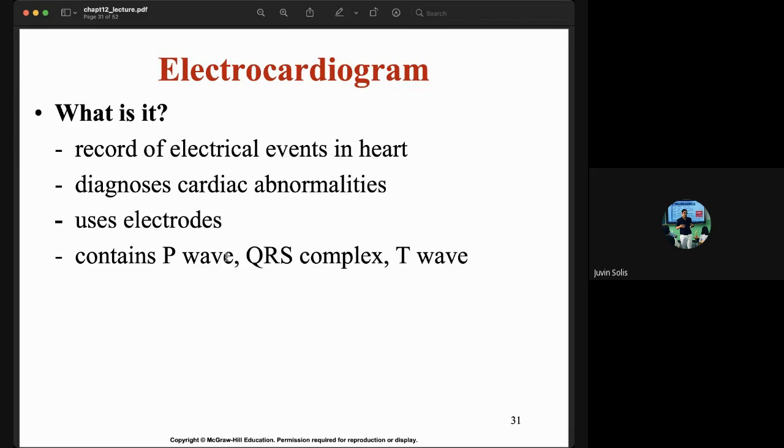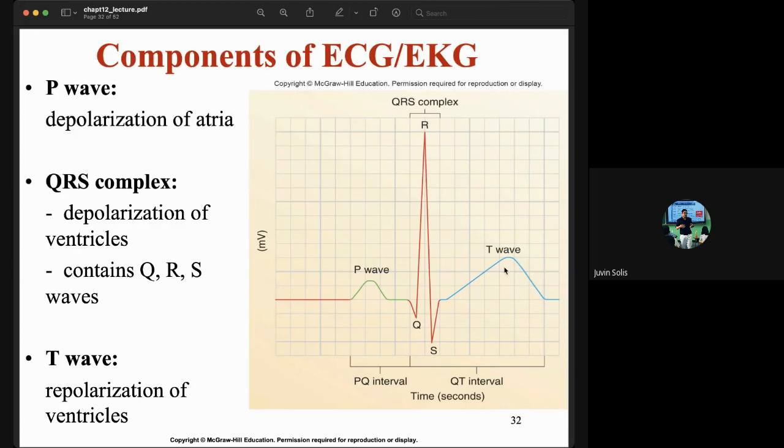Ito yung parang kinakabit sa kamay, sa paa ng pasyente, tapos yung mga electrodes niya sa may body part, sa may chest area, para makita or malaman yung conduction ng ating heart. Kung yung pasyente ba is undergoing heart attack or mayroong something wrong dun sa electrical conduction ng ating pasyente.